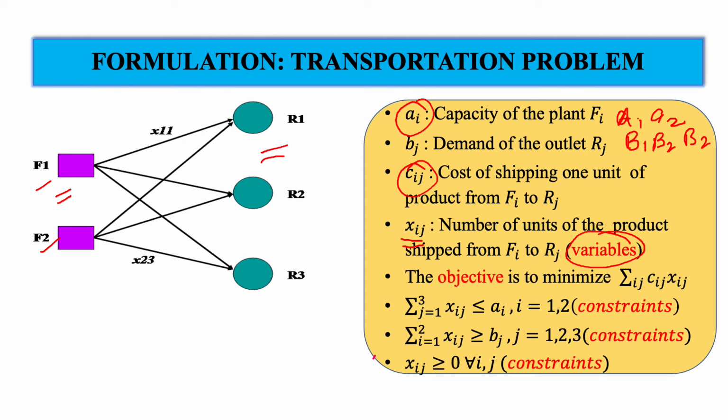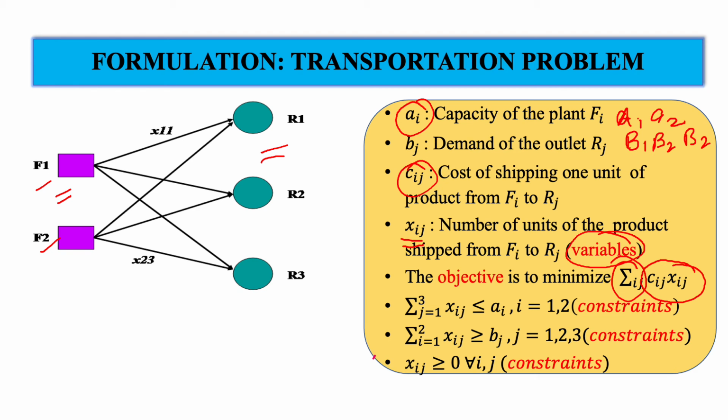Xij is a number of units and Cij is the cost of shipping 1 unit. So the cost of shipping the Xij units from factory i to retailer outlet j is Cij into Xij, and then we have to sum over all the possible combinations of factories and retailer outlets.